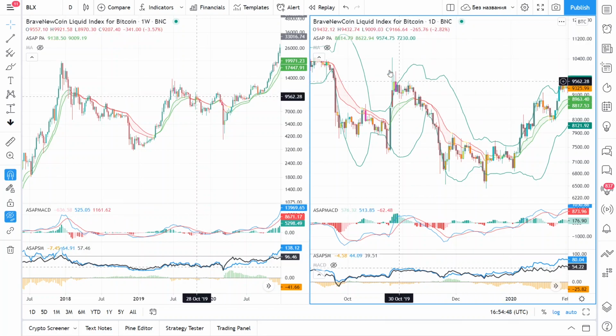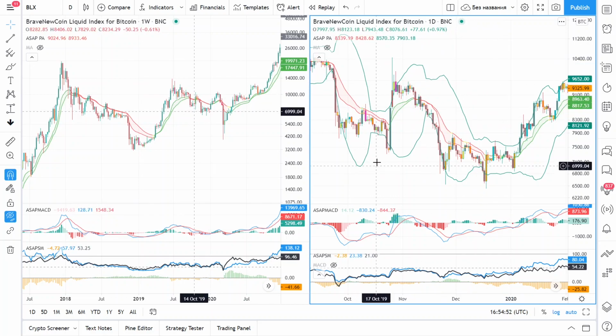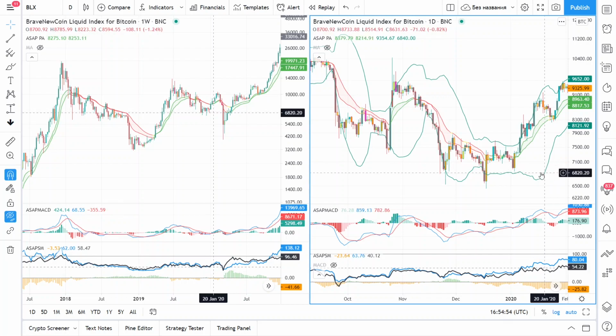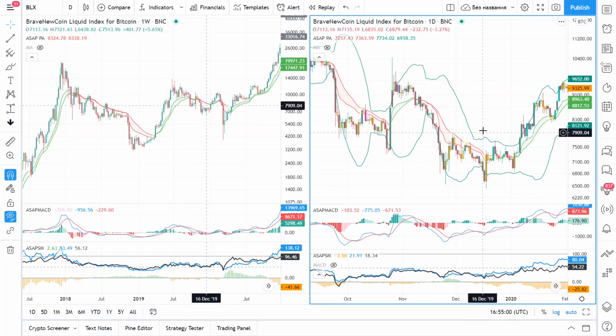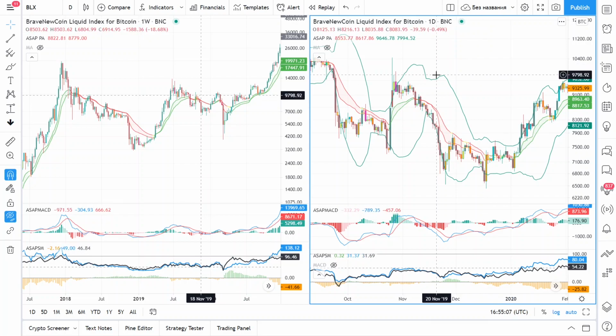As you can see, we have the upper Bollinger Band and the lower Bollinger Band. They stay as classic as possible. They are two standard deviations of the 20 period simple moving average. The upper one is the plus and the lower one is the minus.